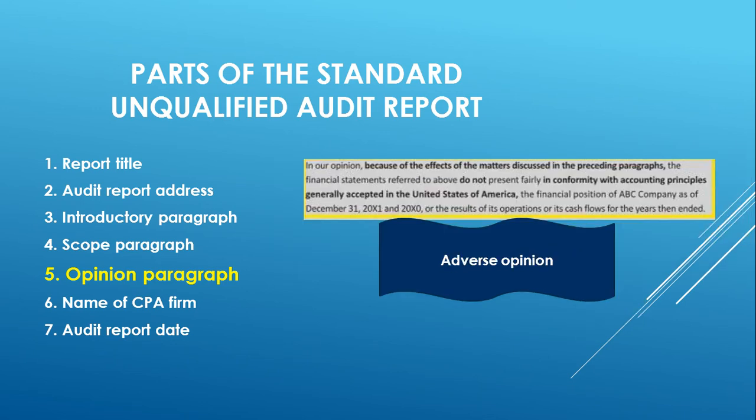The third type of opinion is the adverse opinion, and here in the second line we can find that the auditor tried to give his opinion, in our opinion, because of the effect of something, or he wants to discuss something.